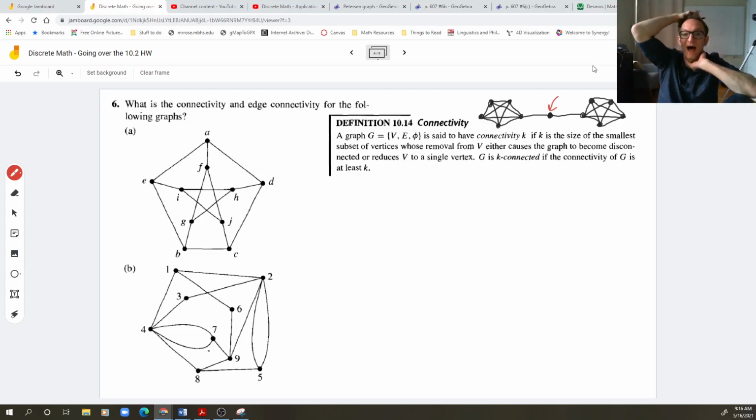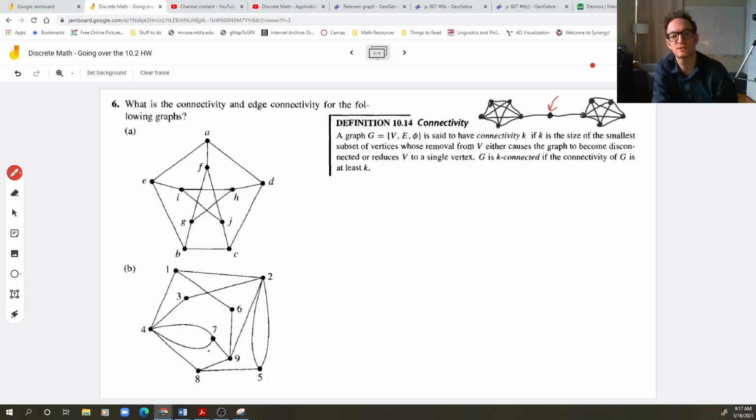And obviously, this is kind of an important thing. If you're trying to build some sort of robust computer network, say, for information being sent between many computers, then this is the kind of thing you want to have, high connectivity. Because if you're sending packets of information between hundreds of different computers and your graph has connectivity 1, well, that's terrible.